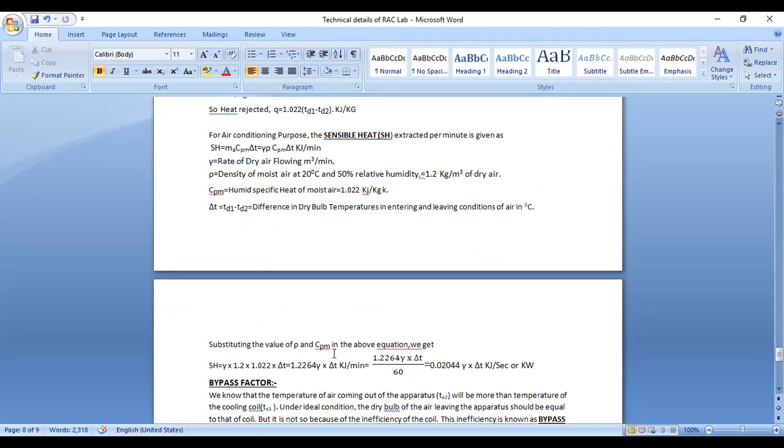Substituting the values of rho and CPM in the above equation, the sensible heat becomes gamma times 1.2 times 1.022 times delta T, which equals 1.226 gamma delta T kilojoule per minute, which is equal to 1.226 gamma delta T divided by 60, equal to 0.02044 gamma delta T kilojoule per second.